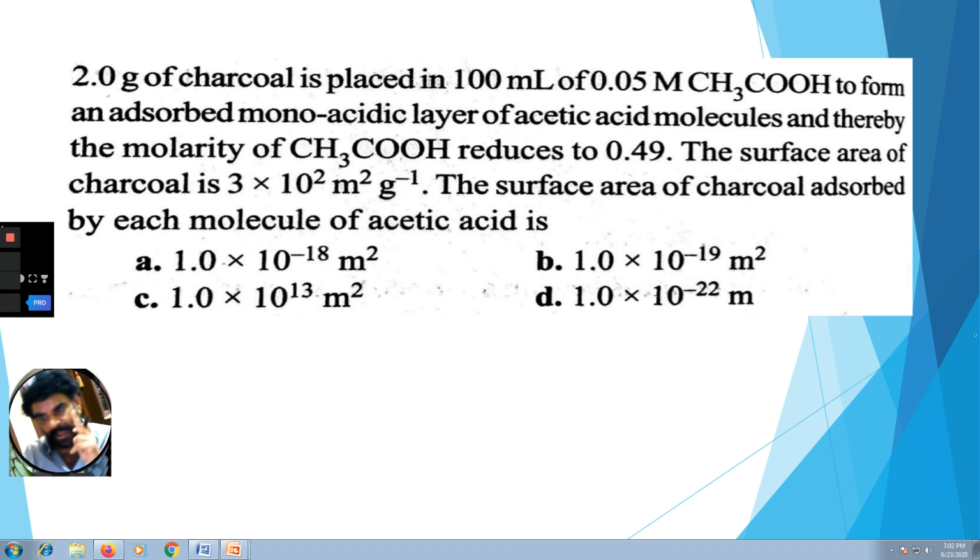After determining the number of molecules, we have to find out the area covered by each molecule. That is the total surface area of the charcoal divided by the total number of acetic acid molecules adsorbed to form the monolayer. The ratio is nothing but the area occupied by each molecule.